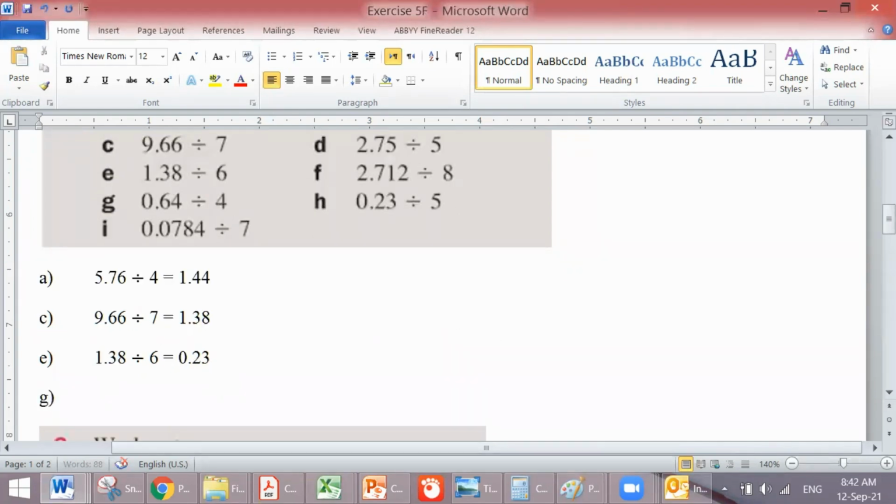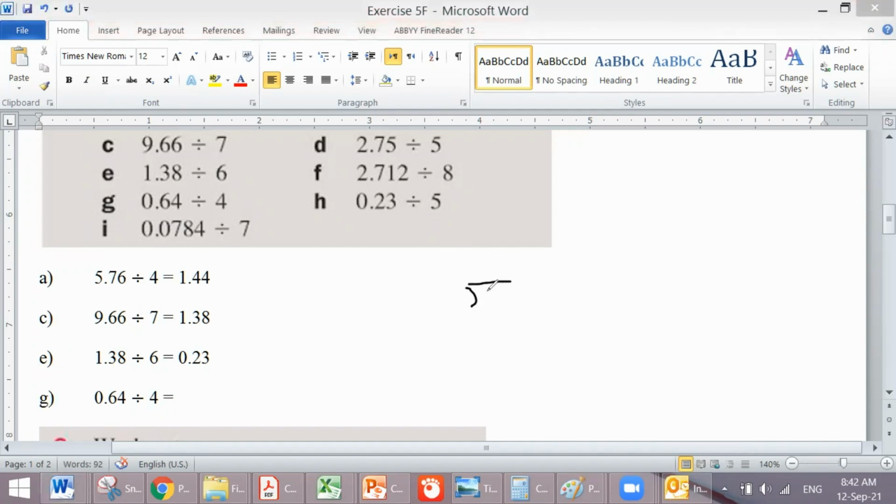Part G: 0.64 divided by 4. So here I will just solve it first without the decimal point. It will be 64, and here it will be 4.